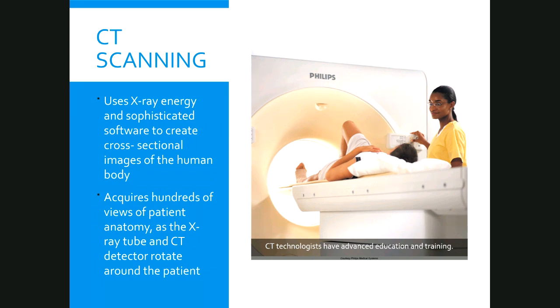So you could look at the loaf as a whole, or you could take out individual slices and look at it that way. With CT and MRI, it does the same thing to the body. It takes sectional images of the body. You could look at it as a whole, or you could take out a specific slice and look at the anatomy in that specific slice.